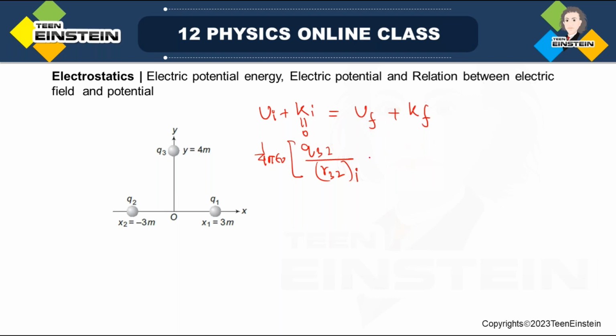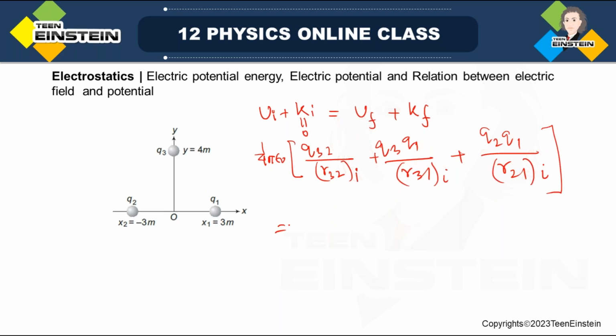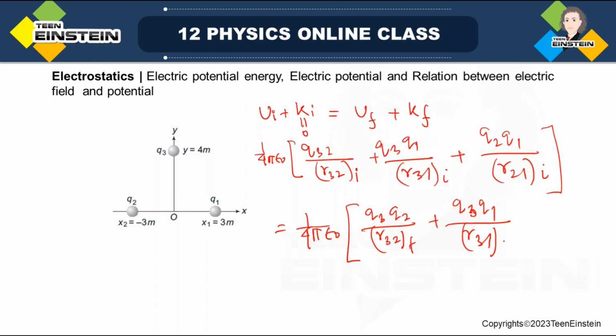This is the initial position, and this is equal to, on the other hand, the final.